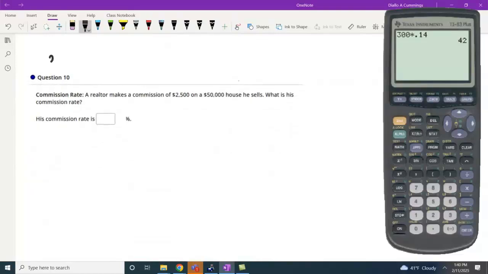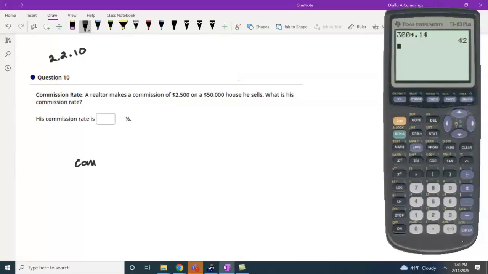Problem number 10, and again, this is 2.2, number 10. It deals with a commission rate application. A realtor makes a commission of $2,500 on a $50,000 house he sells. What is his commission rate?